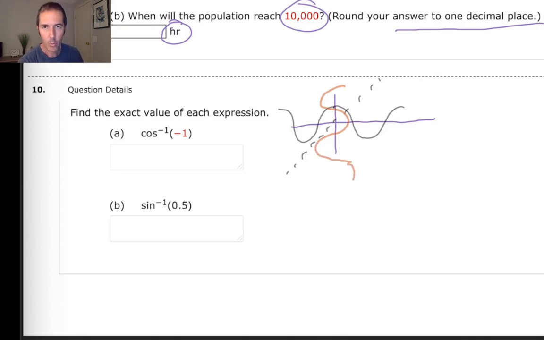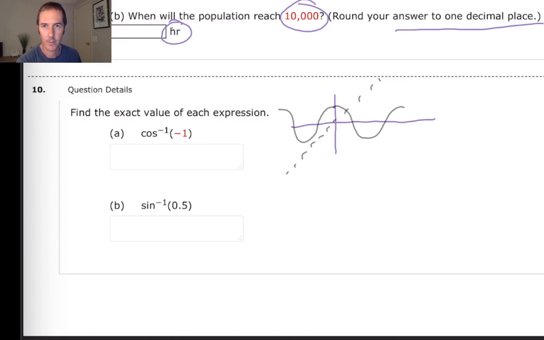Now, is that orange graph that I just drew the graph of a function? Definitely not. It does not pass the vertical line test. From looking at the original graph of the cosine function, is the cosine function 1-to-1? Think about it. How do you test to see if a function is a 1-to-1 function?